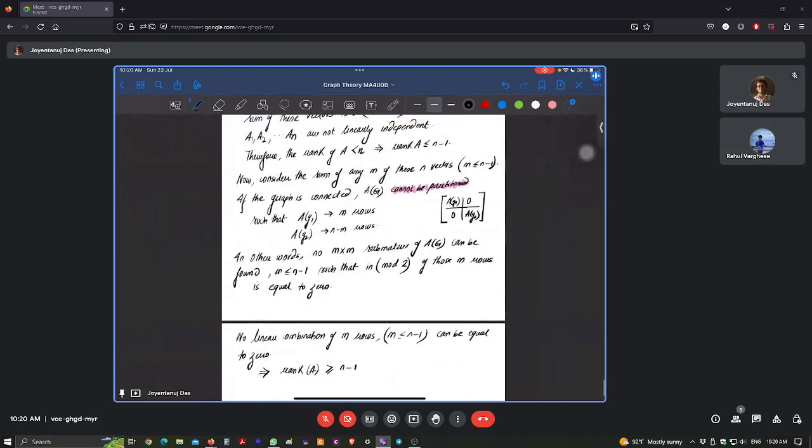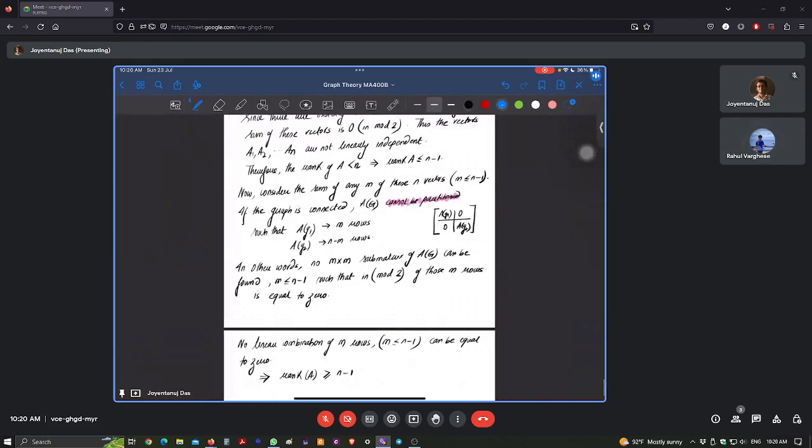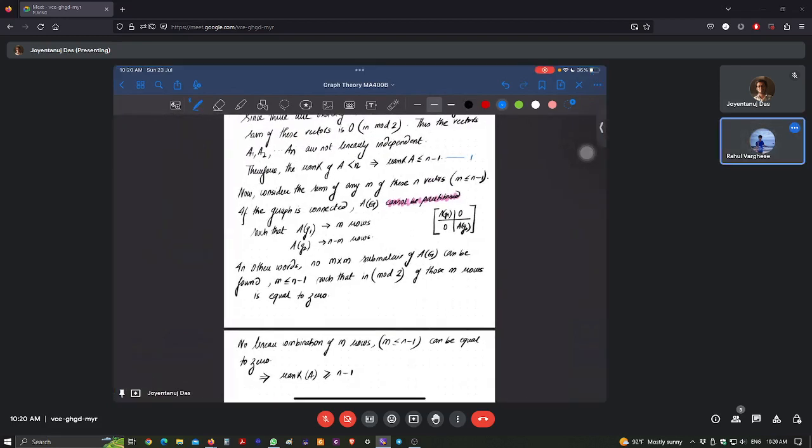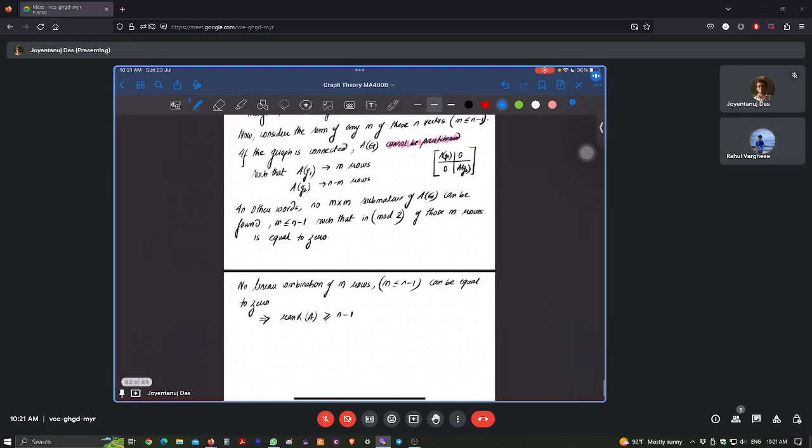So now we'll combine these two results. This is my first equation: rank is less than or equal to n minus one, and this is my second equation: rank is greater than or equal to n minus one.